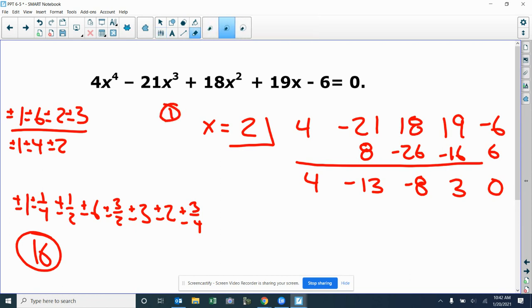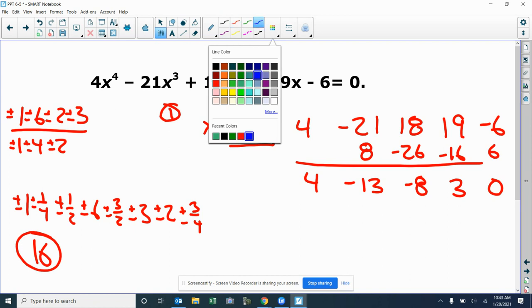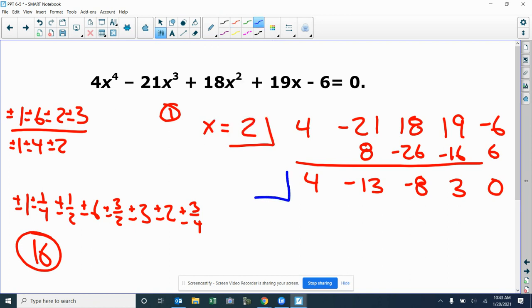We gotta find another one. Is there another one that looks like it goes through? We're gonna use what's left over here. Negative 3/4. Let's take a shot at it. 4 comes down. 4 times negative 3/4 is gonna give me negative 3. Is that right?